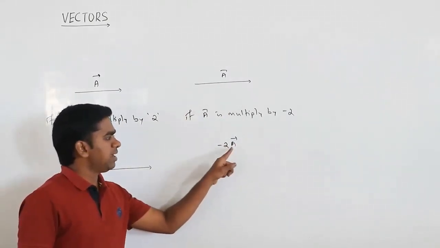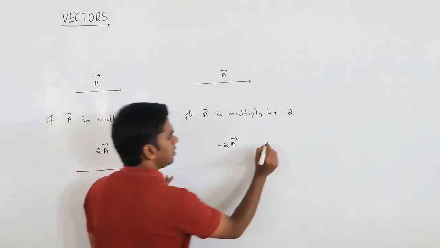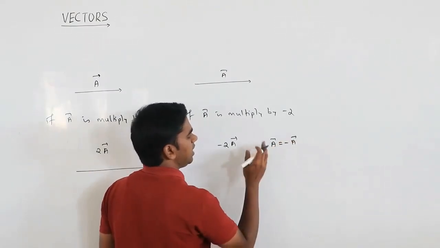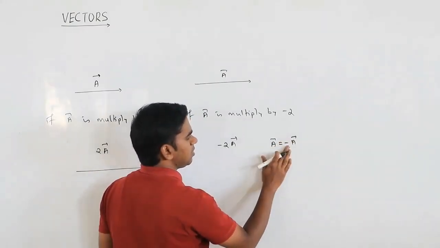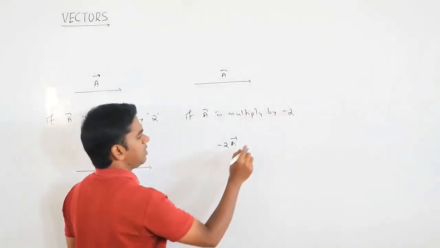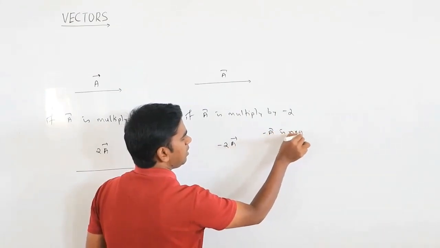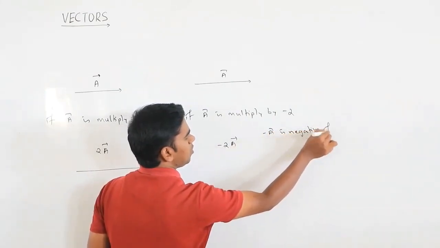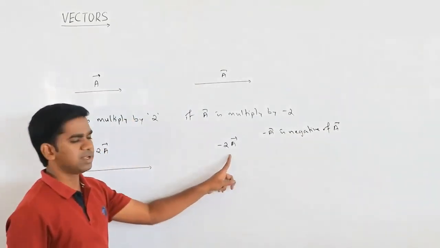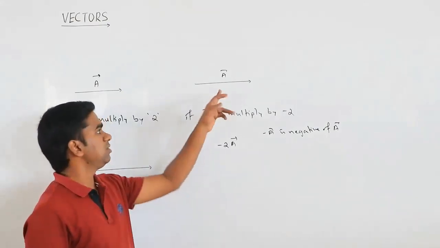Minus a is the negative of a. We know that minus a equals minus a cap. So the negative of vector a is minus a cap. Minus a is the negative of vector a. That means a negative of a vector is a vector whose direction is opposite to the original direction.